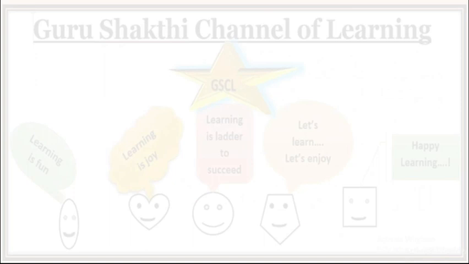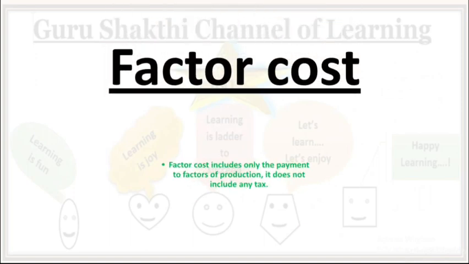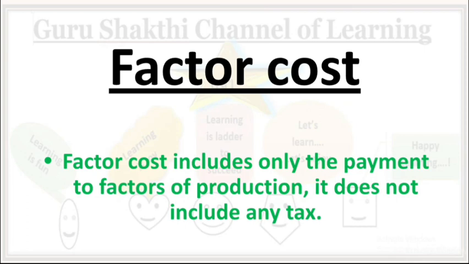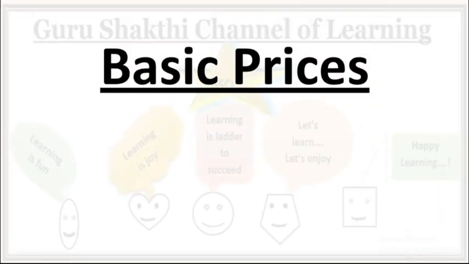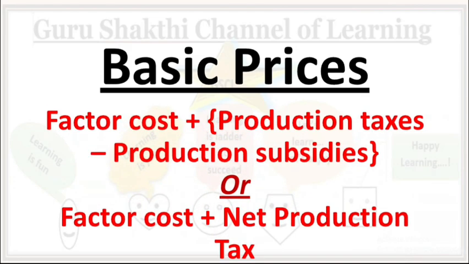Remember, factor cost is the payment to factors of production which do not include any taxes. But it's not the same with basic prices. The basic price of any goods and services includes the net production tax.